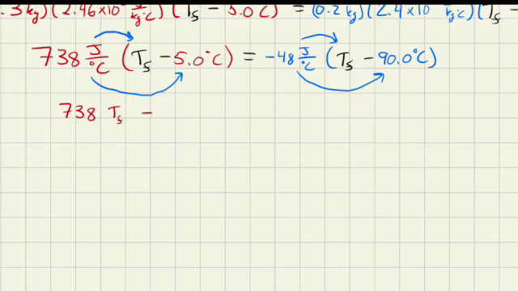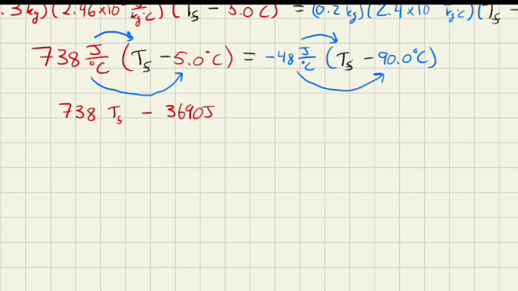what is 738 multiplied by 5? That should get me 3,000. Does that sound right? I'm pretty sure that's right. It should be minus 3,690 joules.